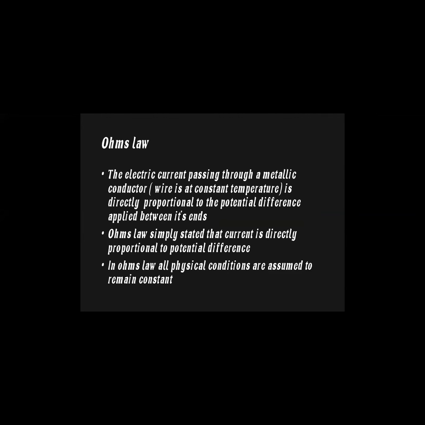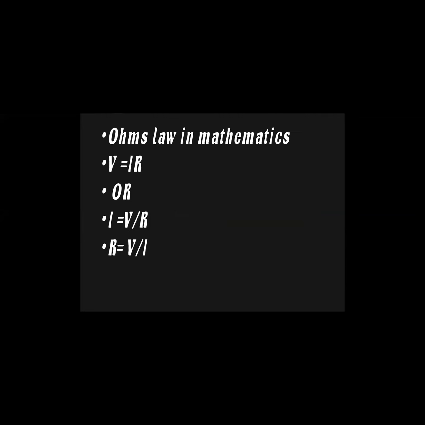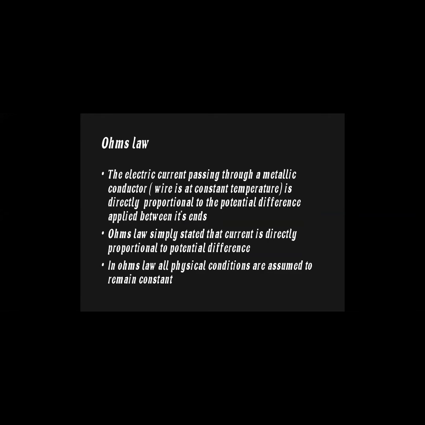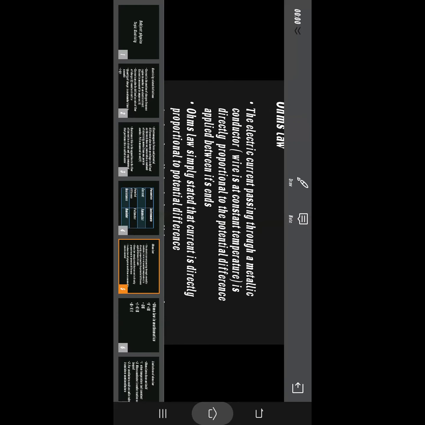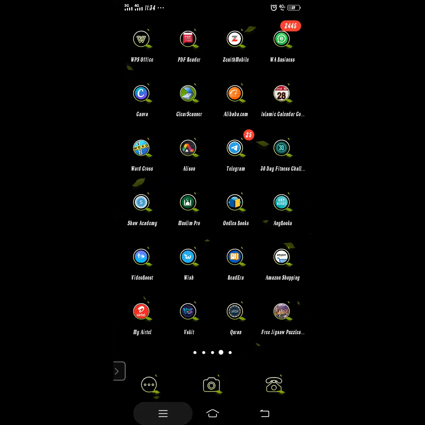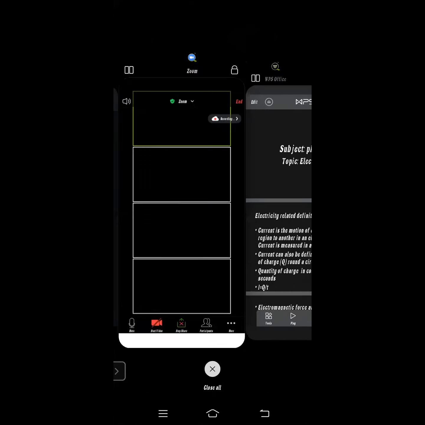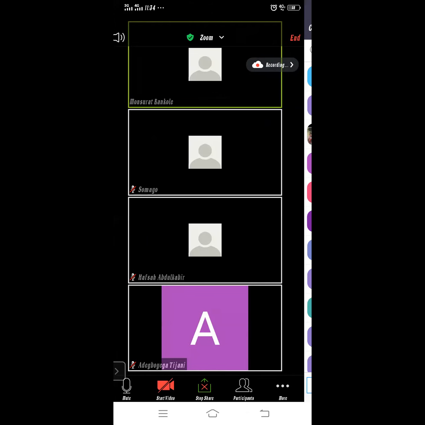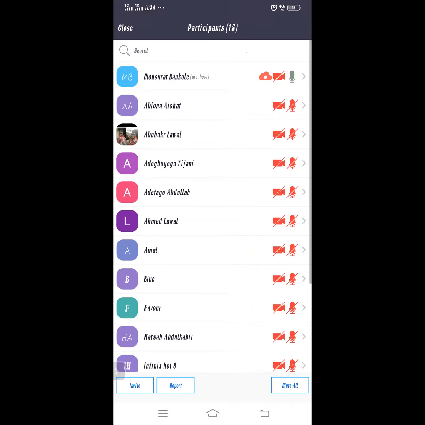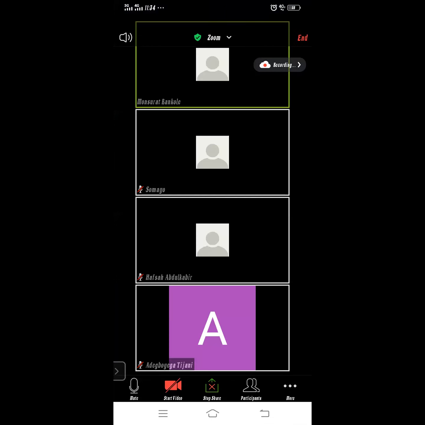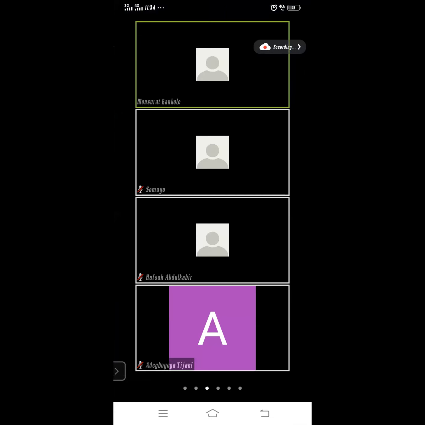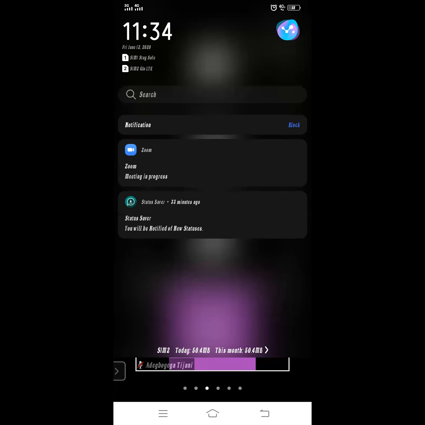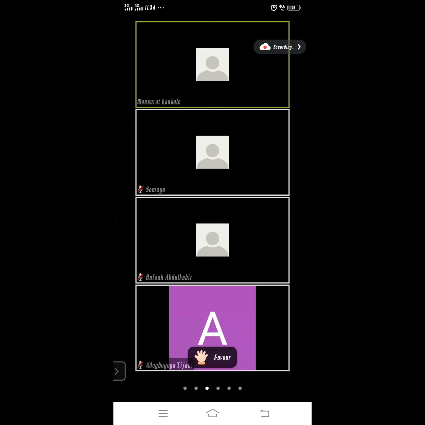So, any question before we move on to Ohm's Law? None. If we all understand, can we raise our hands so that I'm going to know that we'll move on to the next thing? Okay, if we all understand, let us indicate by raising our hands so that we'll move on.